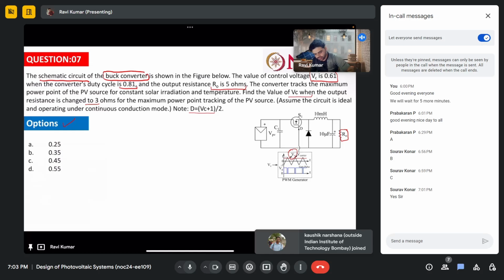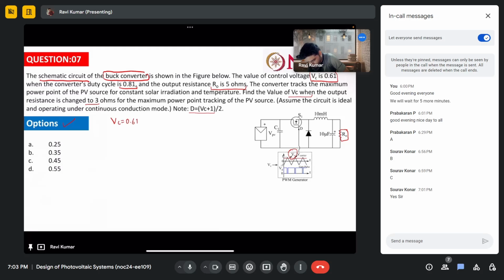So they have given VC equals to 0.61 at D equals to 0.81 when R naught equals to 5 ohms.